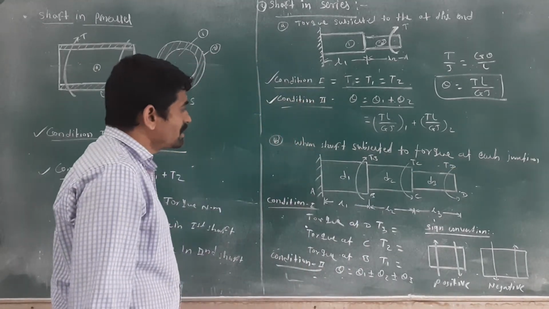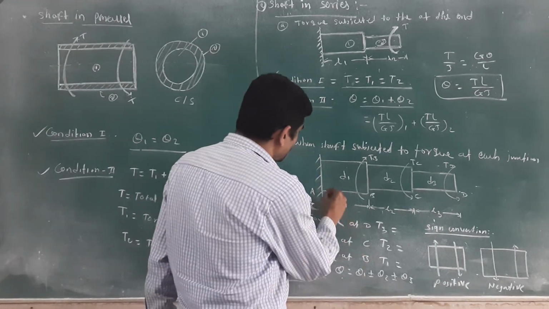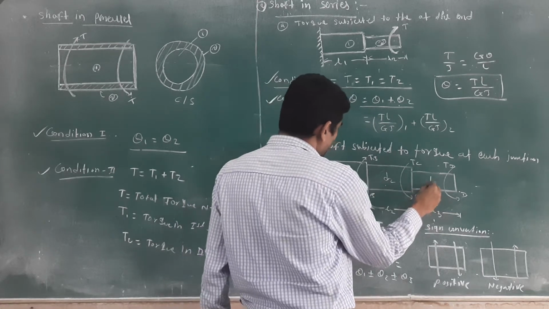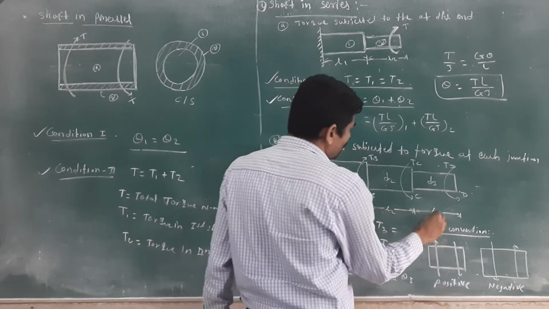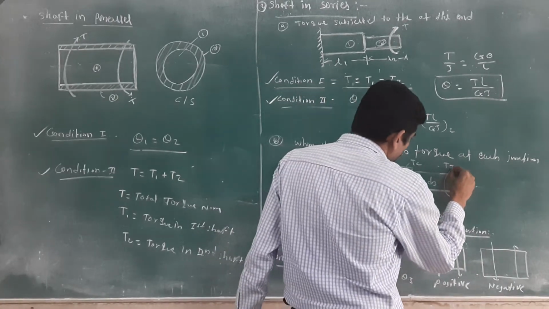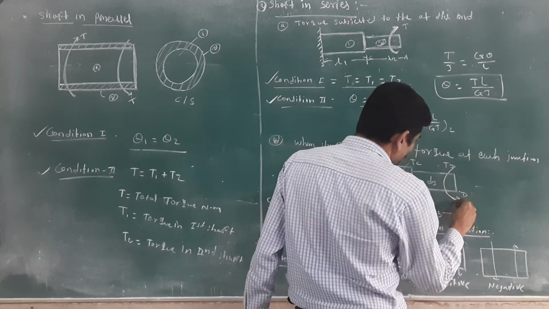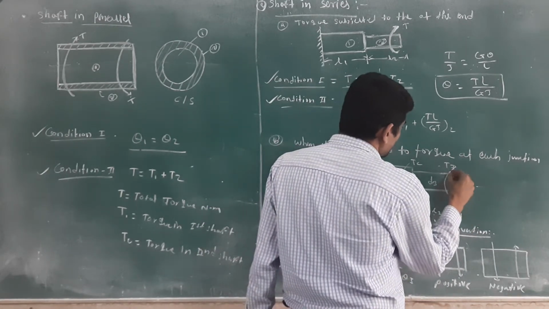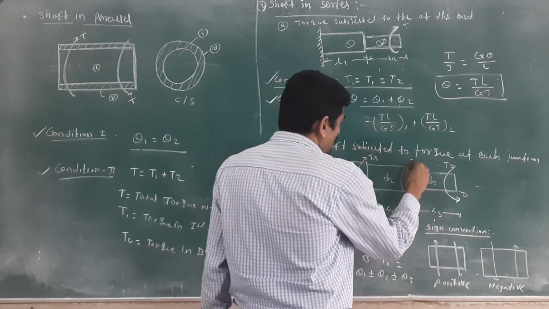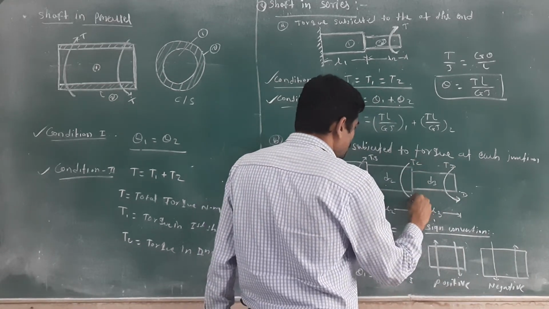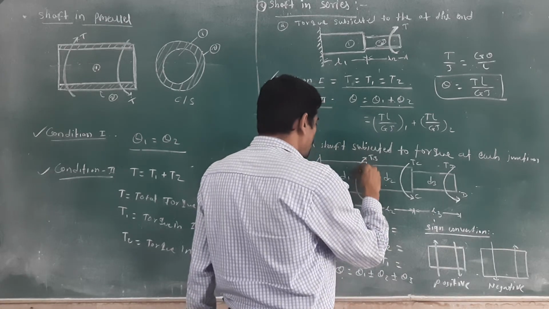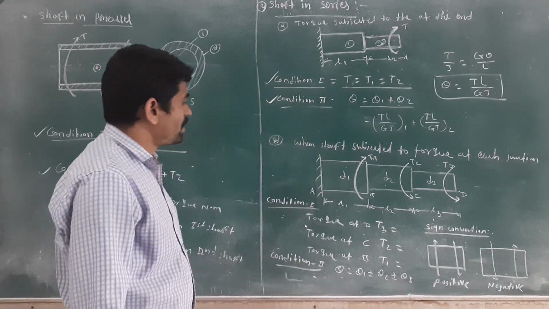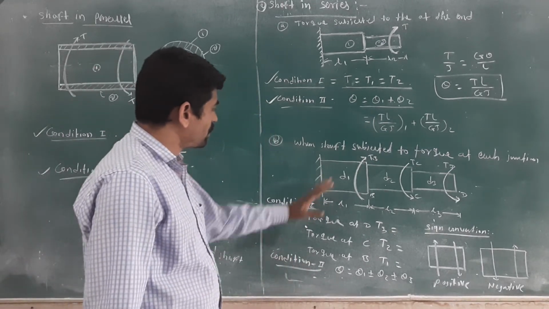I have considered three shafts having diameters D1, D2, D3 and lengths L1, L2, L3. A torque TD is applied at the CD shaft in the anti-clockwise direction on the right side, at BC again an anti-clockwise torque, and at AB on the right side TB is applied in the clockwise direction. This is the example I have taken.